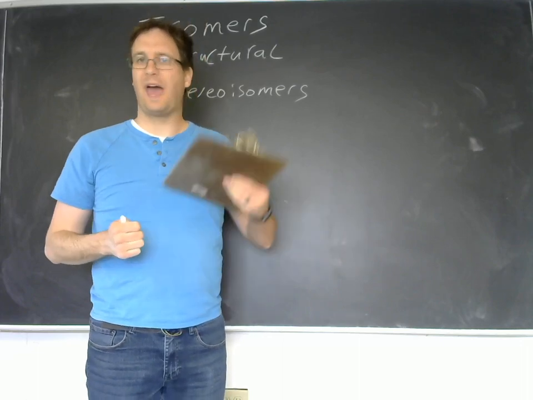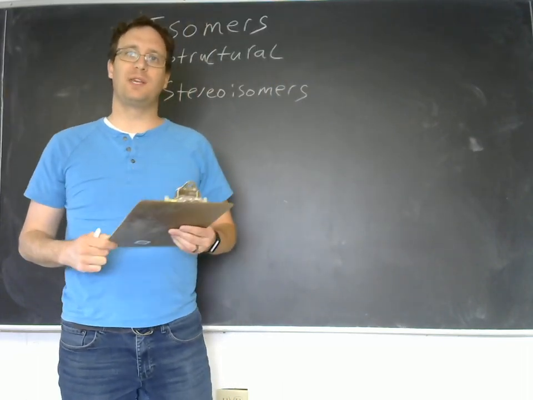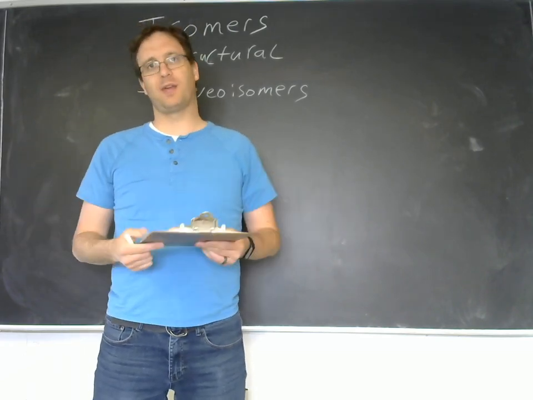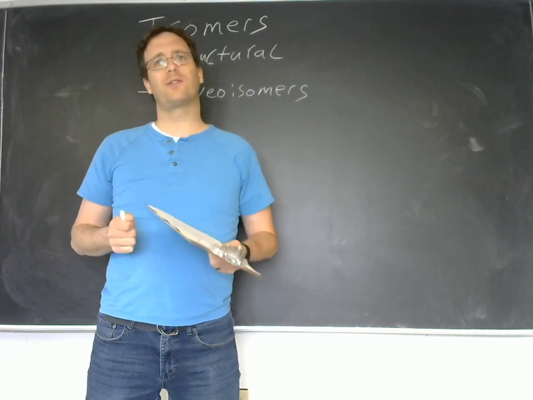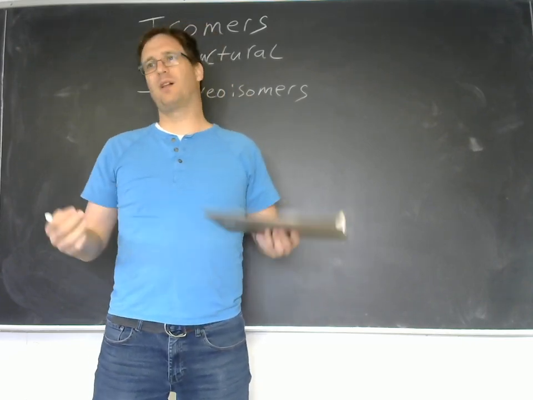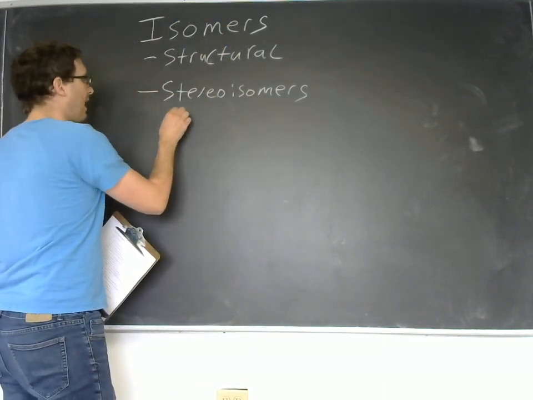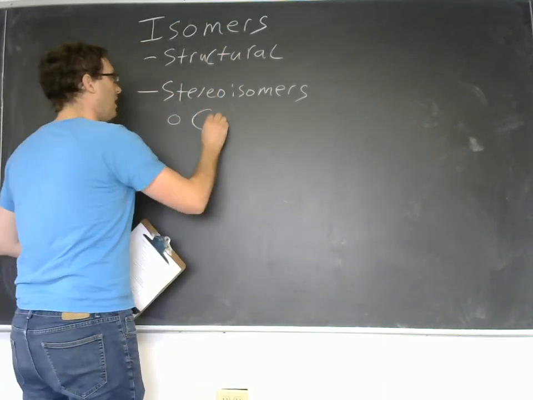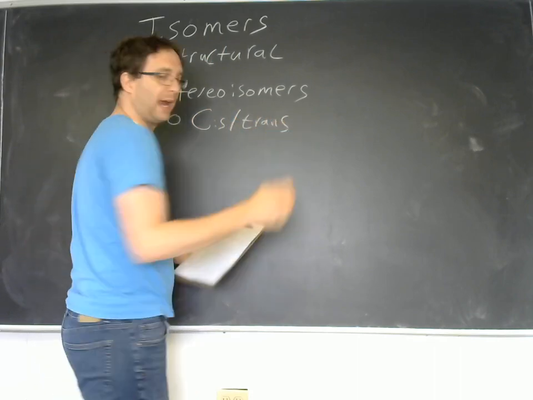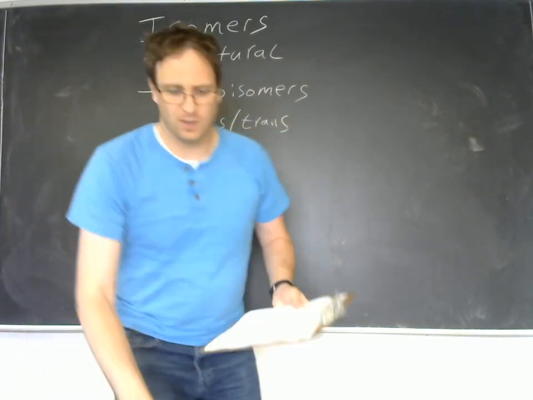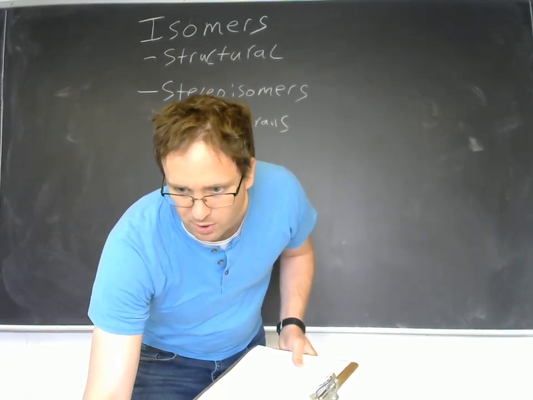That is, atom A is bonded to atom D, or whatever schema you have for naming and labeling the atoms. And yet they're still different in some way in 3-dimensional space. That doesn't make a lot of sense until you see examples. So let's just dive right into the first kind of stereoisomer, and that is cis-trans isomers. Cis-trans isomers have everything to do with double bonds.